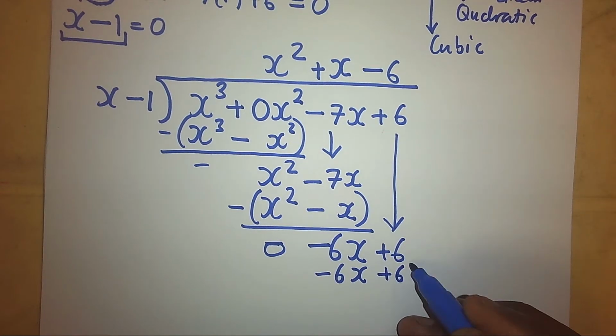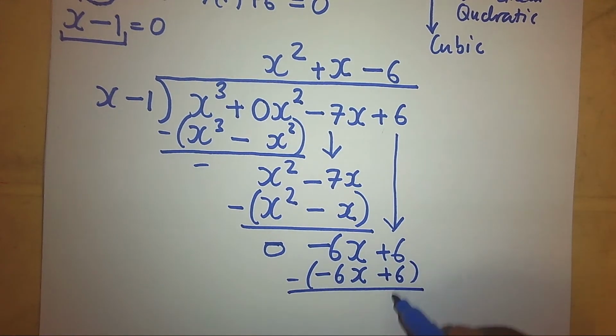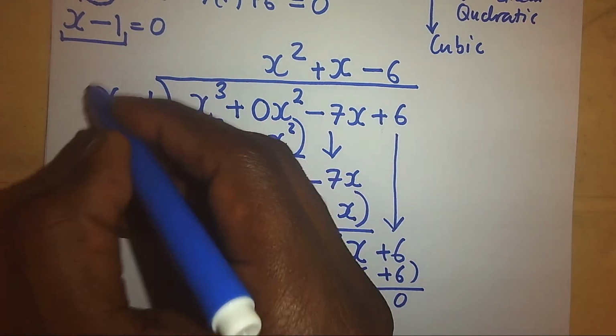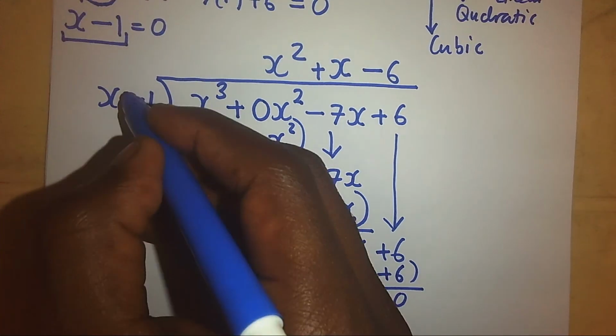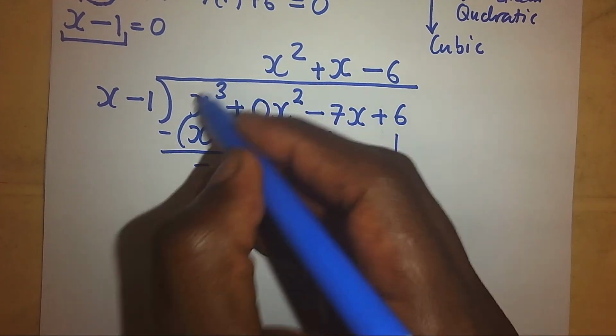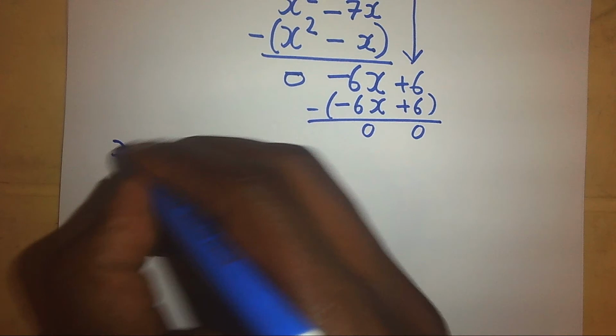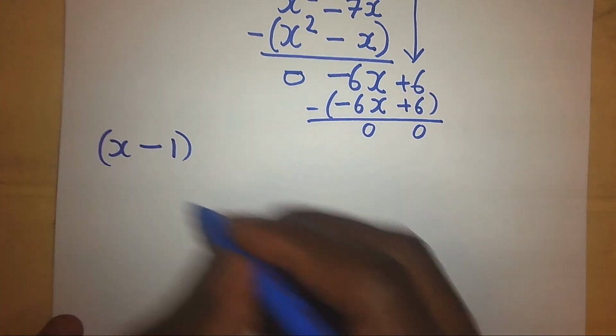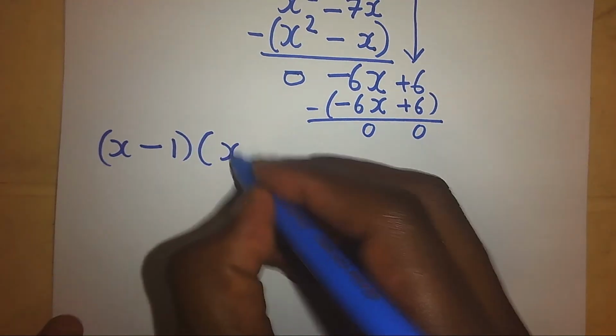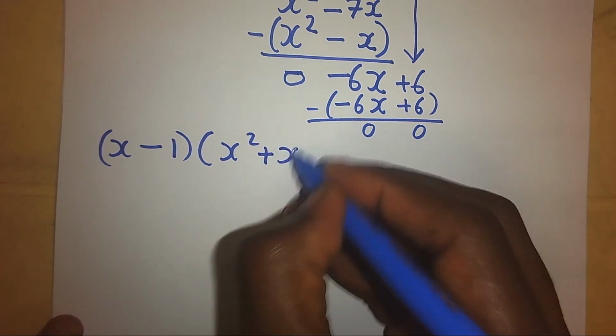And when I subtract, I'll get 0 and 0. Now, when I have removed this one factor from my cubic, I will get this quadratic. So let me bring them down. X minus 1, and the other side I have x squared plus x minus 6.